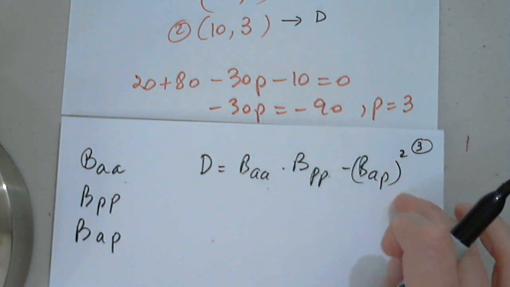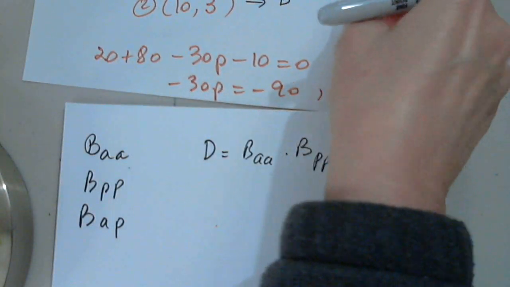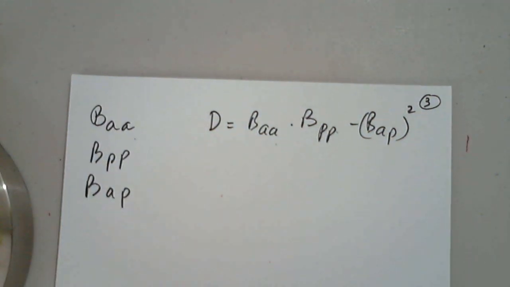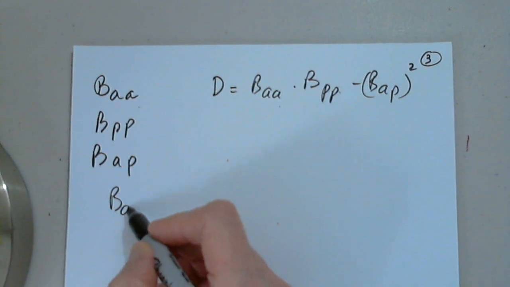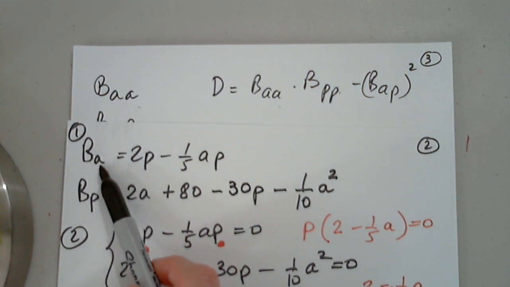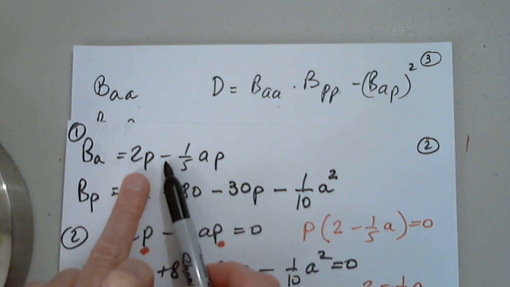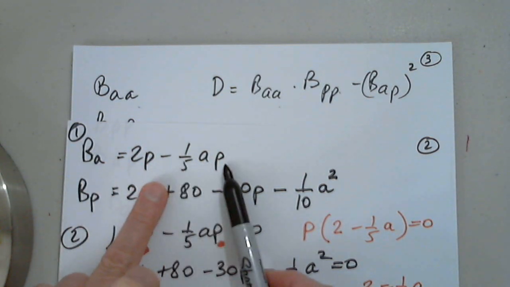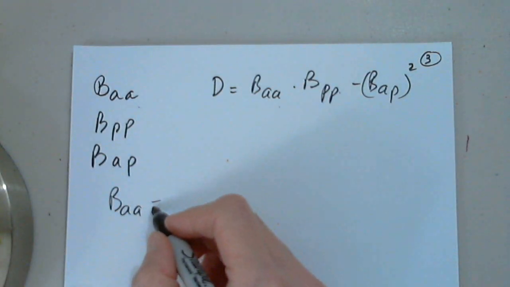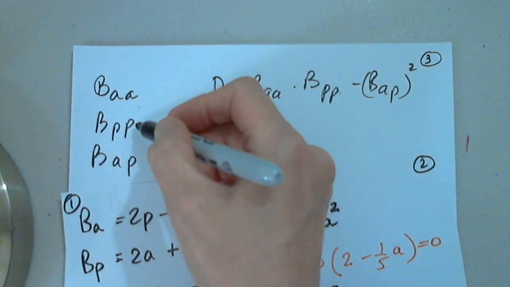Of course, these are at those ordered pairs. So let's continue with BAA. So this was BA, and we want to differentiate again with A. Nothing. Again with A. 1/5 P. Exactly, -1/5 P. Awesome. So this is it.